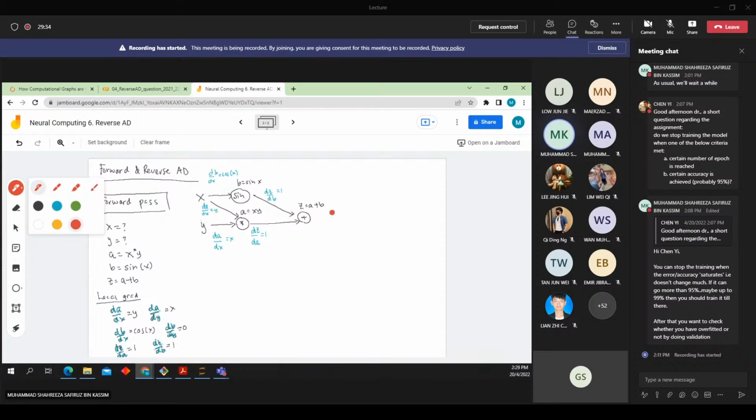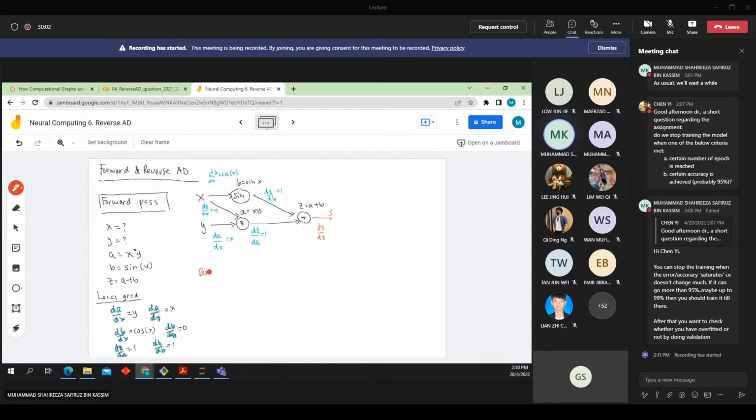Now we are going to assume a variable s. We're going to assume a variable s, and because we have variable s, we have ds with respect to z. So here we'll be computing our backward pass.